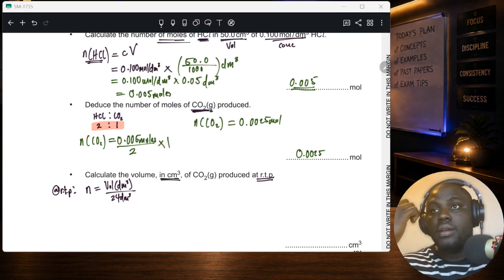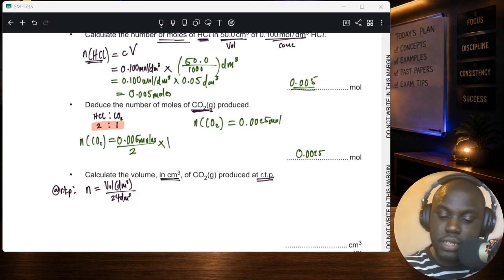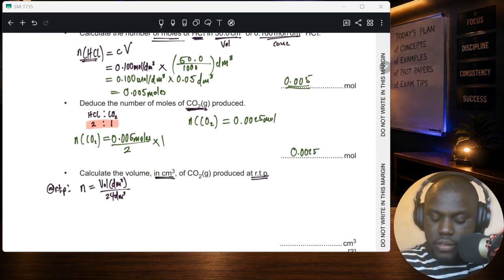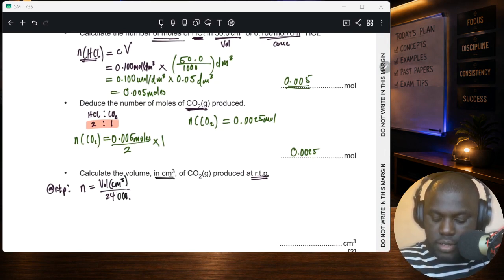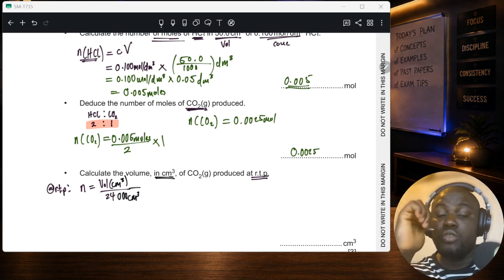So I can show you the long way, or I can show you that this same formula can also be written as volume in cm cubed divided by 24,000 cm cubed. The formula changes, but it's the same formula. If it's at RTP and in cm cubed, you divide by 24,000.